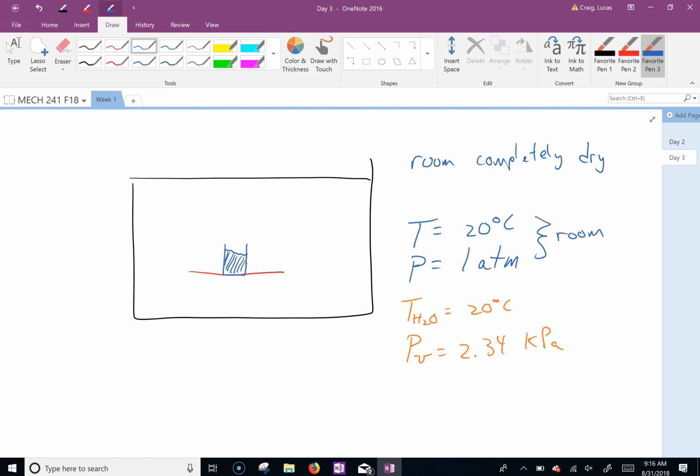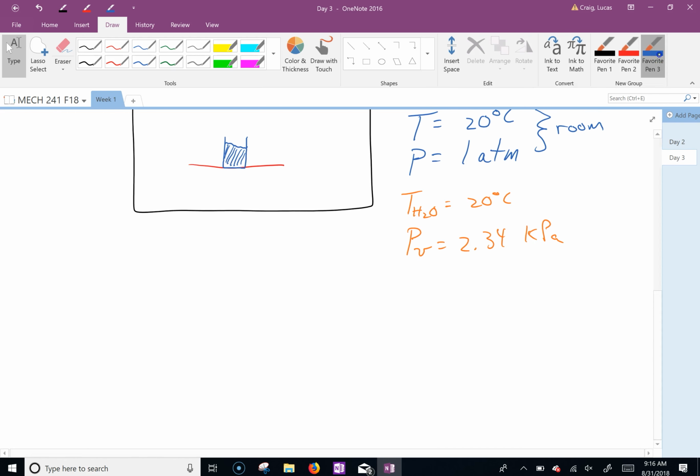So what's going to happen to this water in this cup if the room is completely dry? Well, if we zoom into this, some of that liquid water will convert into vapor. And the water liquid level will drop because everything wants to be in equilibrium.